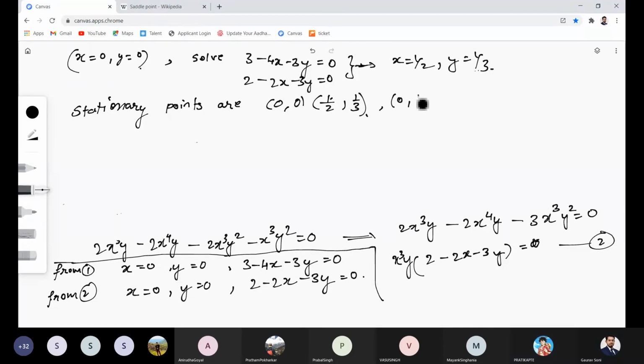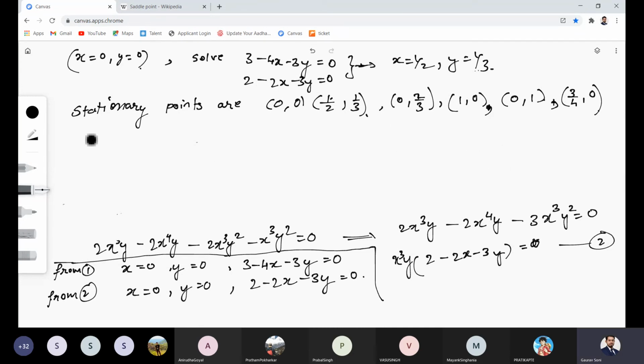Yes, but you will see that all of these turn out to be saddle points. But of course you are right, you will get these.